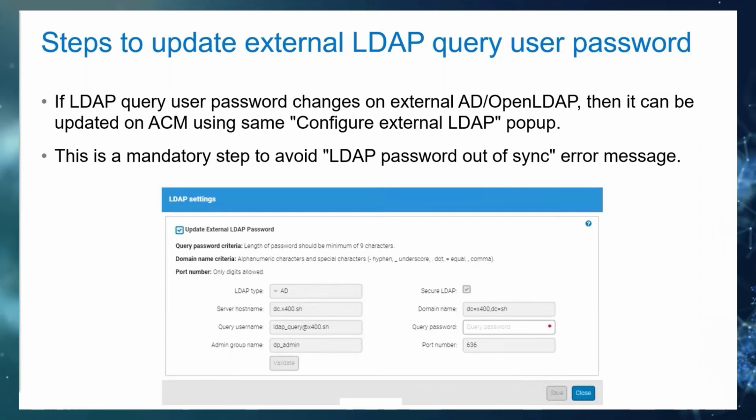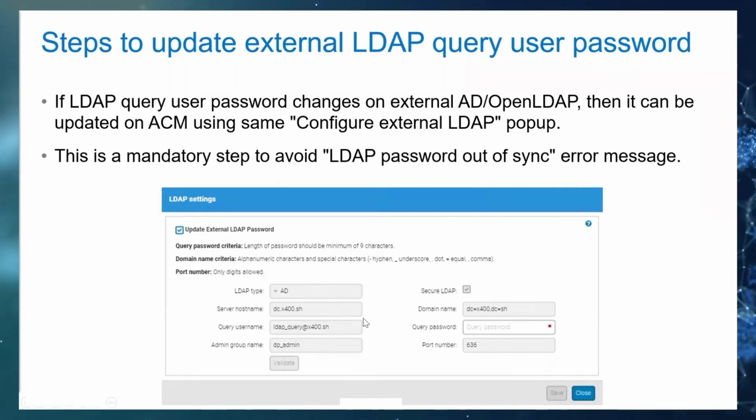Now, in use cases where the customer has changed the query user password, then your LDAP authentication will stop working on all the components. And on the ACM UI, you will see an error message which says LDAP password out of sync. If that is the case, you can come to the ACM GUI, open the same configure external LDAP pop-up, and click on the checkbox which says update external LDAP password.